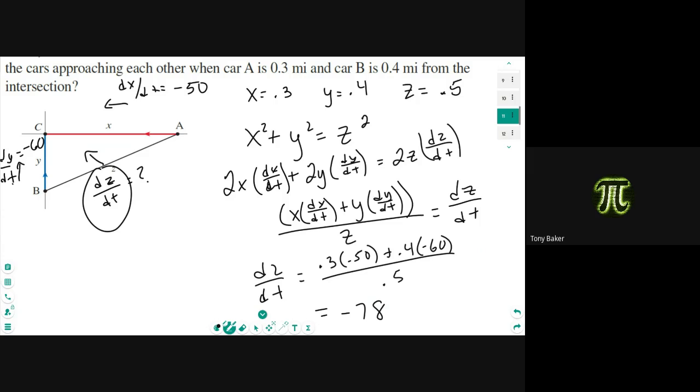Which still should have had to divide it. What is it? 0.6 times negative 50. Interesting. What? Oh, you made two mistakes that canceled each other out.